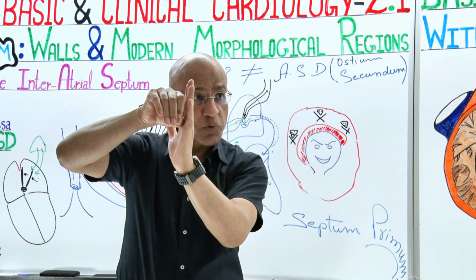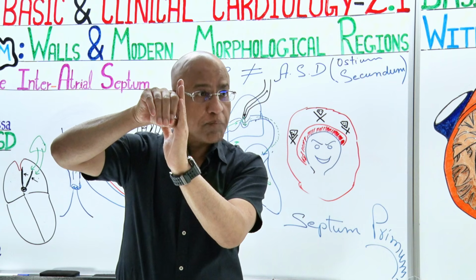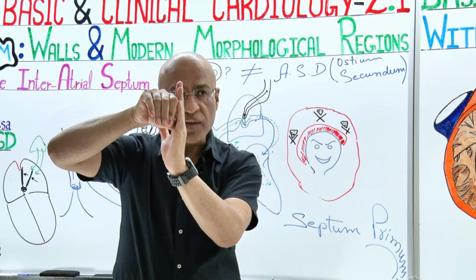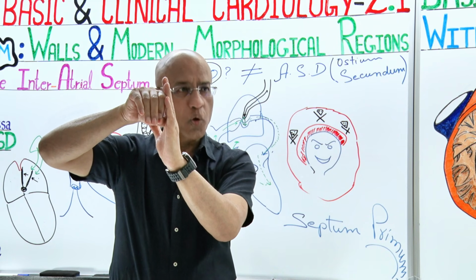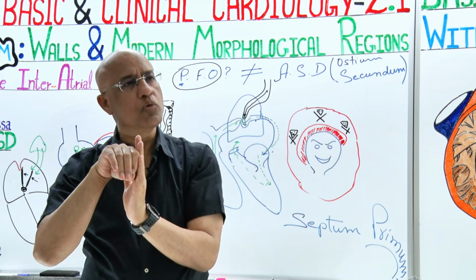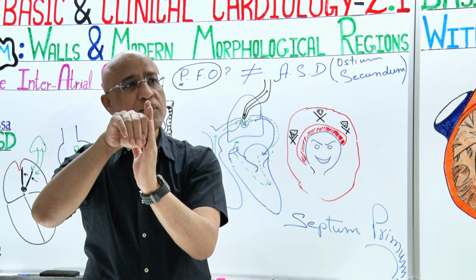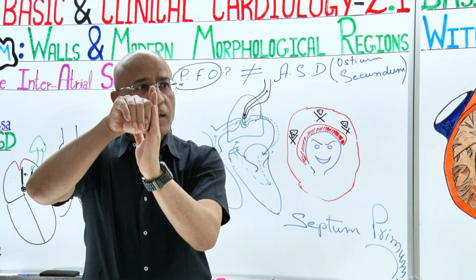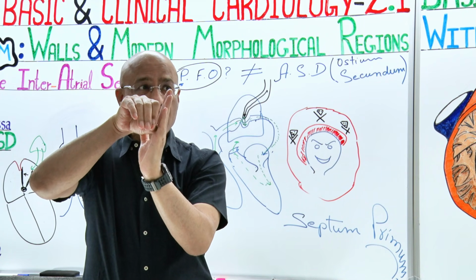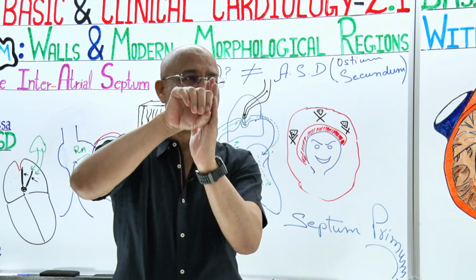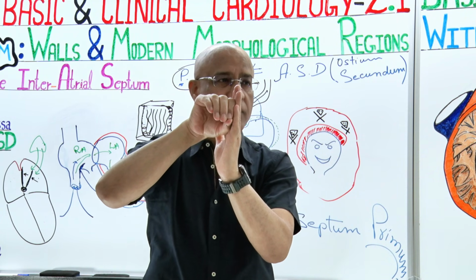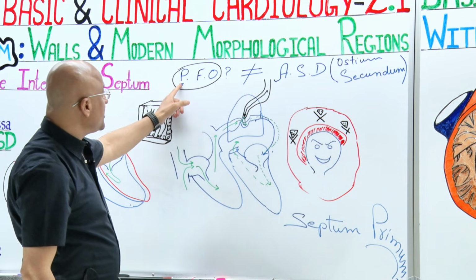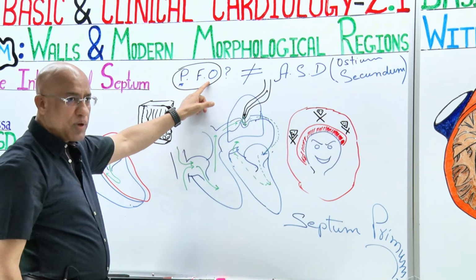Even if it does not fuse completely, the pressure on the left side is more and on the right side is less. Due to this, it still remains closed, and most of the time there is no problem. But because there is some potential, under certain circumstances, which I will tell you right now, this can be opened and blood can obliquely move from right to left. Because it has a potential, we call it patent foramen ovale.